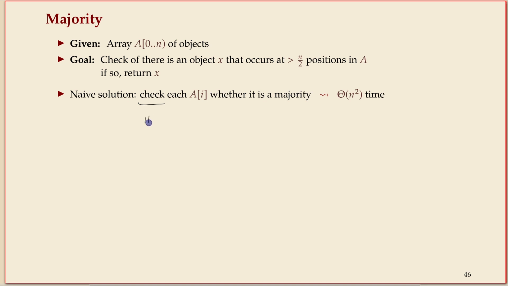So it's just: count the number of j's so that a_i was equal to a_j. And if that count is bigger than n/2, then it is a majority. And maybe stating the obvious, if you have found one majority, you can stop because there can only be one majority. It's more than half of the elements, so there can't be more than one of those.